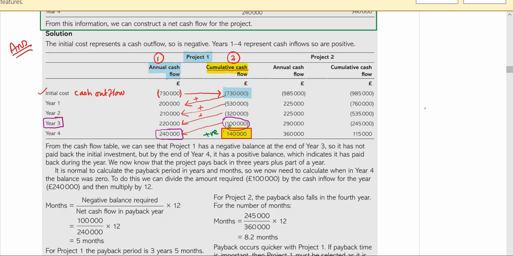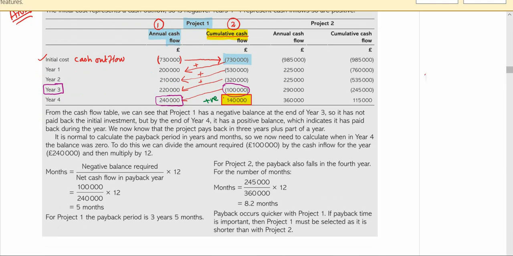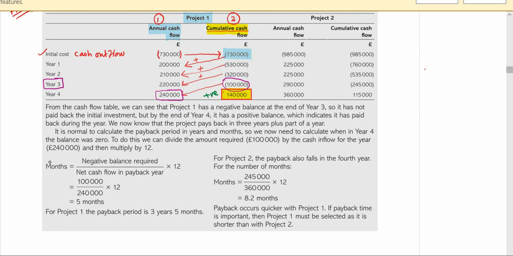So we do 100,000 divided by 240,000 times 12. That gives the months. The formula is the last negative balance divided by the next cash flow, multiplied by 12. So we recover our investment of 730,000 in 3 years plus 5 months.